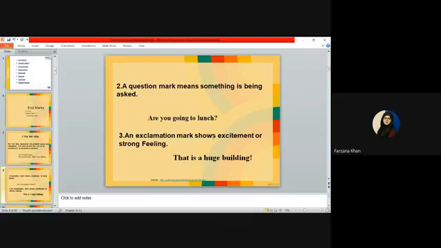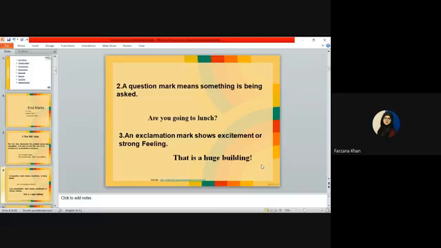The third end mark is an exclamation mark, which shows excitement or sudden feelings or emotions. Here you can see the symbol of the punctuation mark of the exclamation mark, which basically shows excitement in all those sentences in which you express your sudden feelings or emotions.